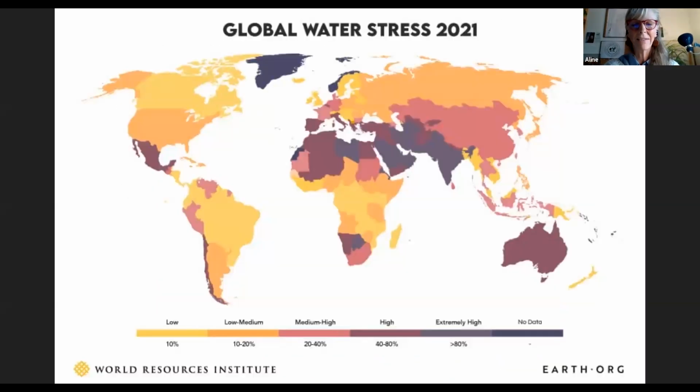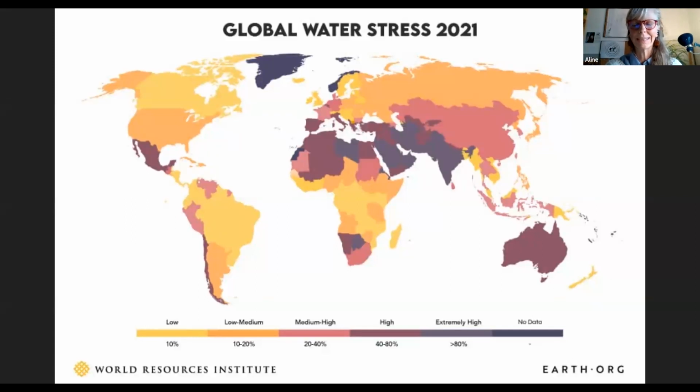We already have a bit of a water crisis happening. This is data from a few years back, and the projection is that it's going to get worse, and we see a lot of dark colors already on this map.